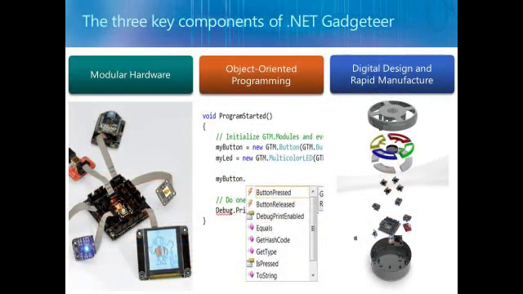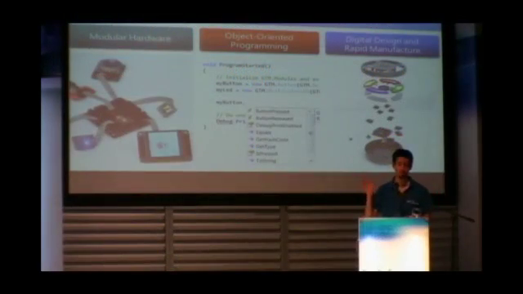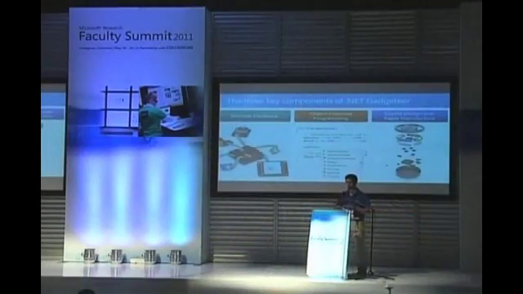And the final one has to do with the design of the actual objects, so the third pillar we called digital design and manufacturing. Throughout this talk I'm going to go into detail about what each of these three pillars do. And then at the end I can show you how they all come together to enable this ability to go from idea to high fidelity prototype in a very short space of time.